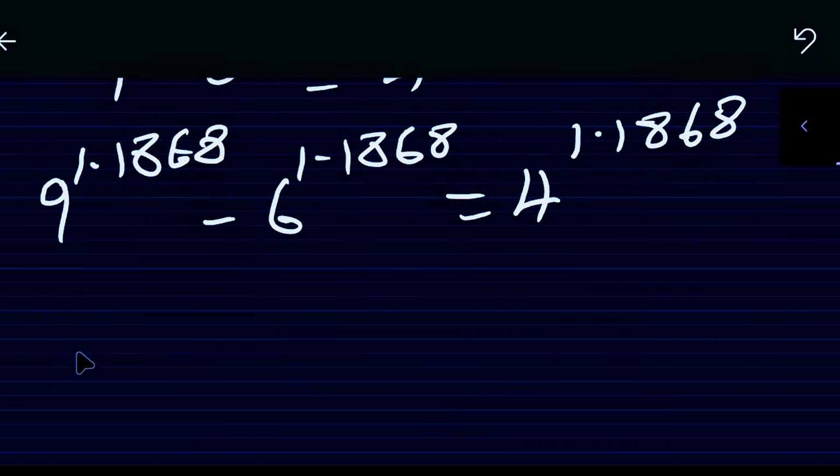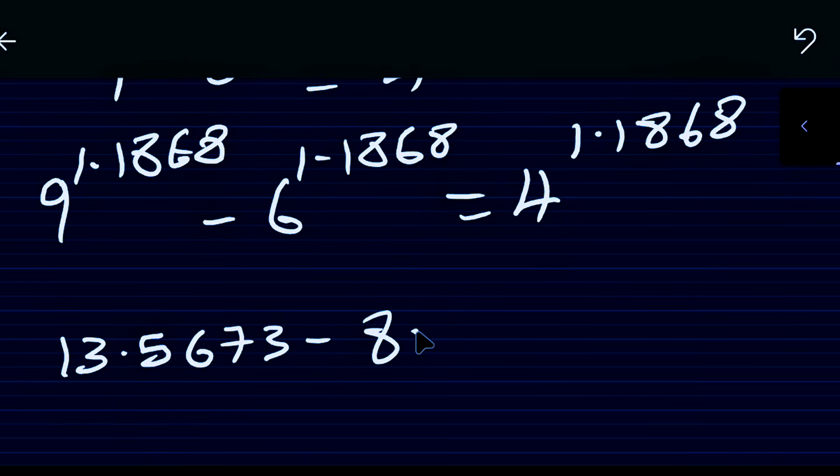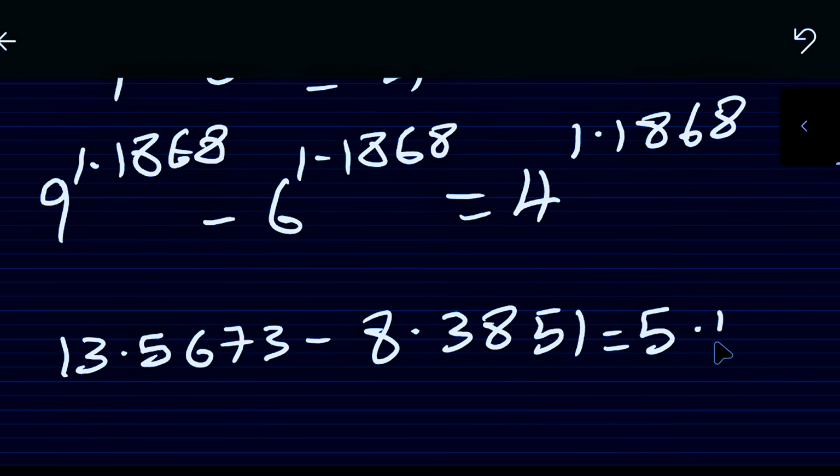So from here 9 exponent 1.1868 will give us 13.5673, minus 6 exponent 1.1868, which gives us 8.3851, and this equals 4 exponent 1.1868, which gives us 5.1823.